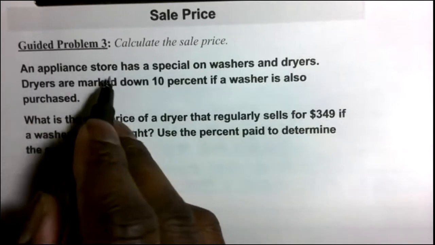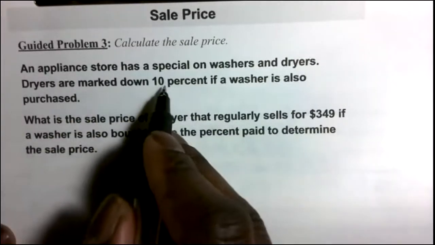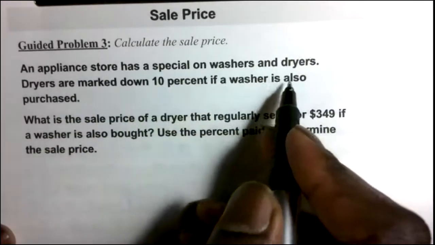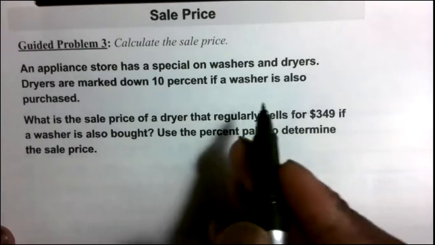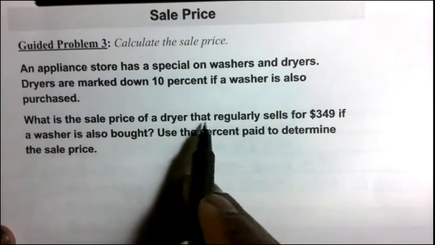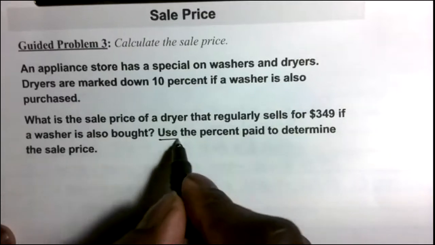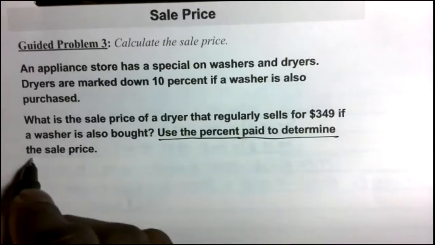Our appliance store has a special on a washer and dryer. The dryer is marked down 10% if the washer is also purchased. So if you buy both, you get a 10% discount. What is the sale price of the dryer that regularly sells for $349 if the washer is also bought? It says to use the percent paid to determine the sales price.